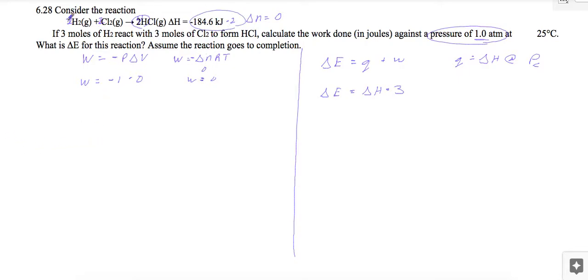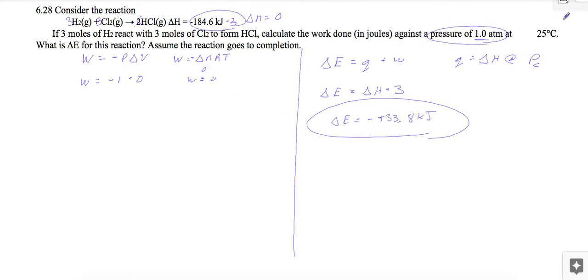So in this case, since we did 3, 3, 6, we're going to multiply this by 3 as well and get our value for delta E, which is going to be negative 533.8 kilojoules. And that is our answer for that guy.